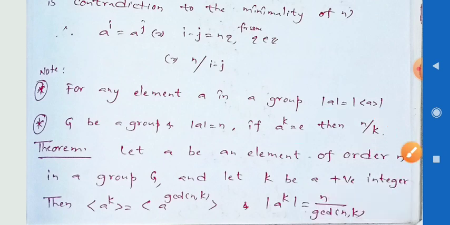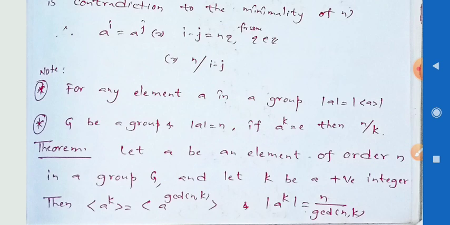Now the theorem is: let a be an element of order n. Here a is any element whose order is n in a group G, and k is a positive integer.